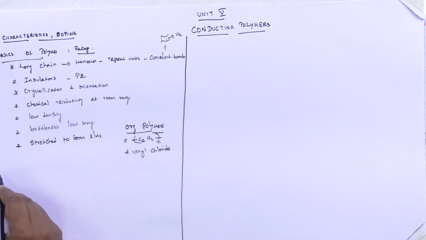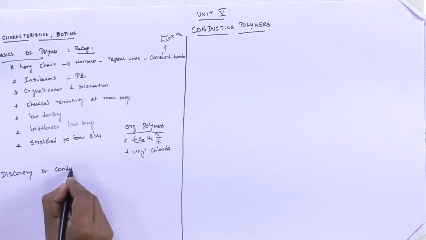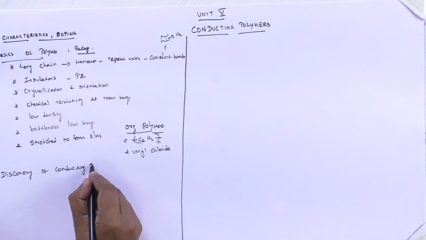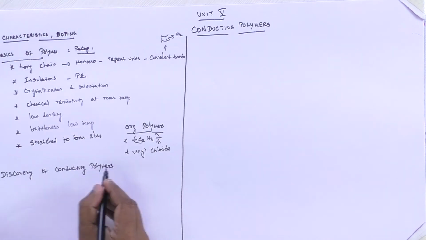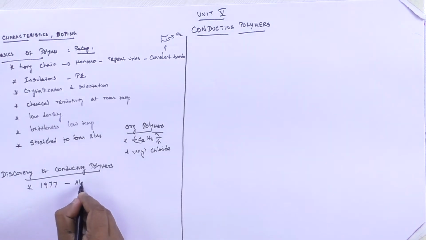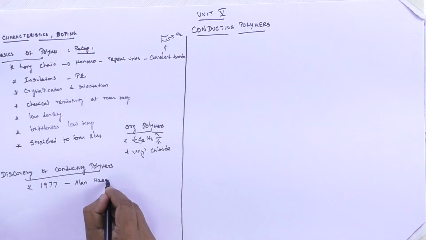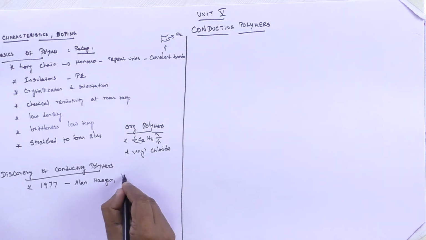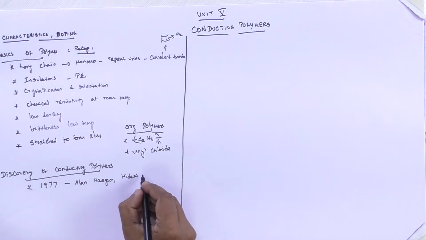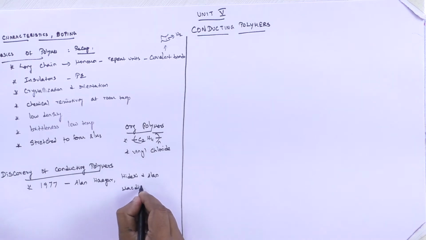Next, we come to the discovery of conducting polymers. Conducting polymers were discovered in 1977 by three scientists, namely Alan Heeger, Hideki Shirakawa and Alan MacDiarmid.